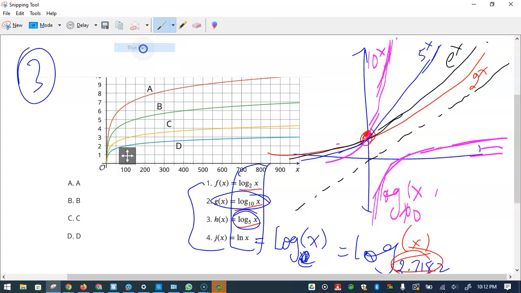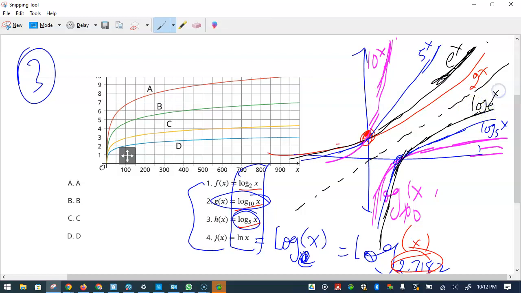The blue color will be a little above, so this is log to the base 5 of x. Then the black color, e raised to x, will go this way. So that's log to the base e of x, and finally the red color, the 2, goes this way. So this is the understanding of it.